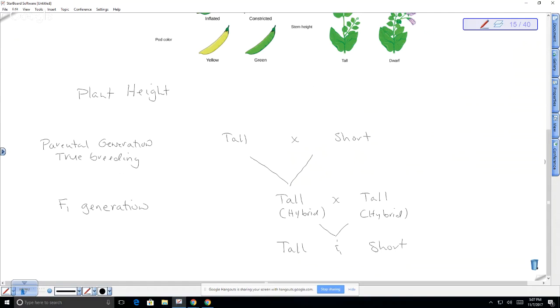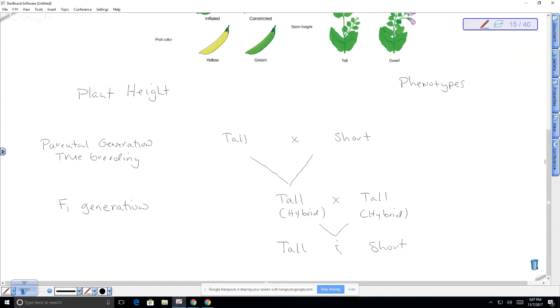So that's why we now know that the blending theory is not the theory we use. We use Mendel's theory. It's actually almost probably a law now to explain how traits are passed from one generation to the next, okay? Now, tall and short are what are referred to as phenotypes.